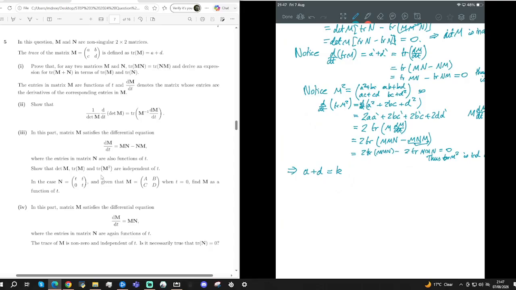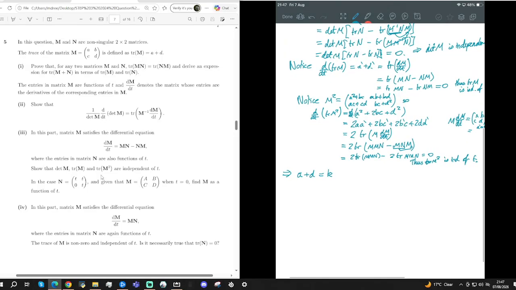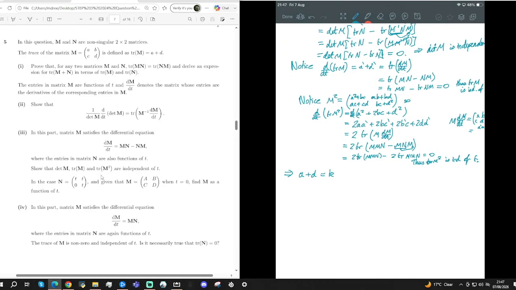It says that the trace of m squared, so a squared plus 2bc plus d squared, is some other constant, and what was the last one? The determinant, ad minus bc, is some final constant.